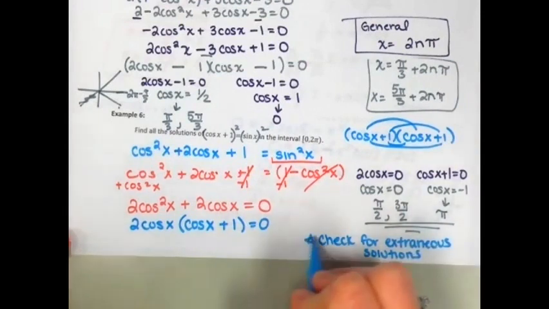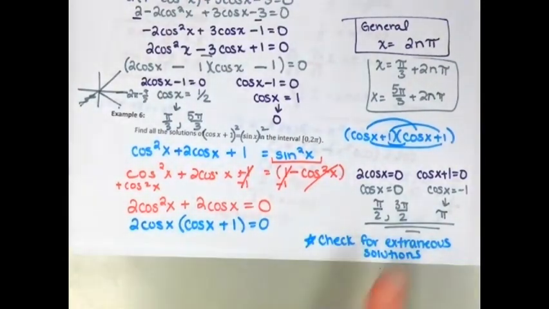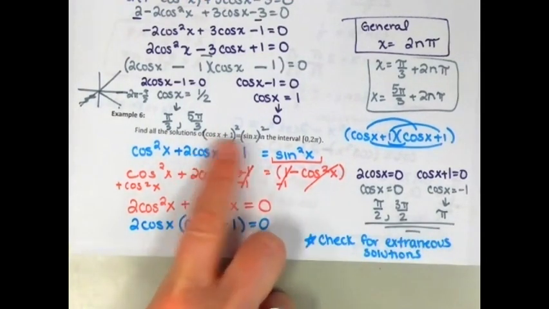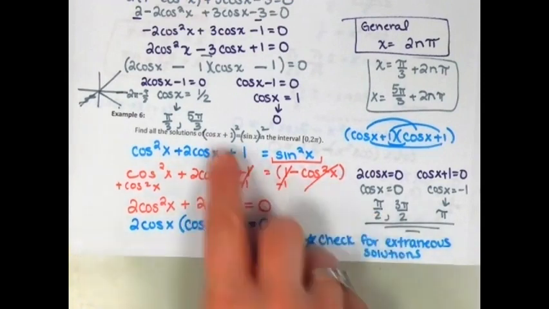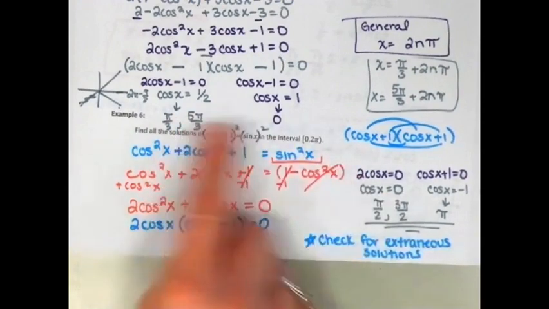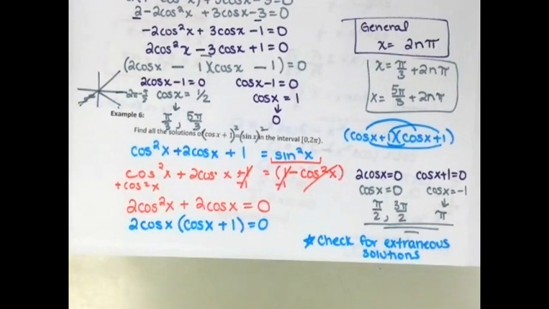It's when they appear to be a solution, but if I plug it back into the original, it is not actually true, right? So could I plug in each one of these, and you can even use your calculator, and see which one doesn't make the left side equal to the right side? So go ahead and do that real quick.